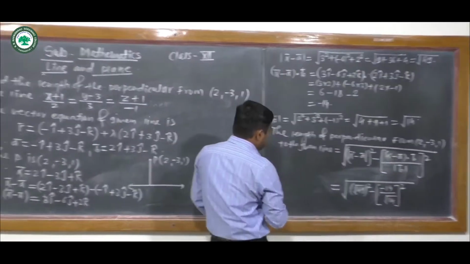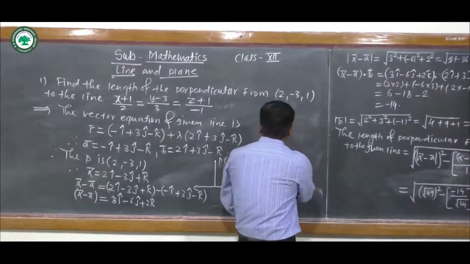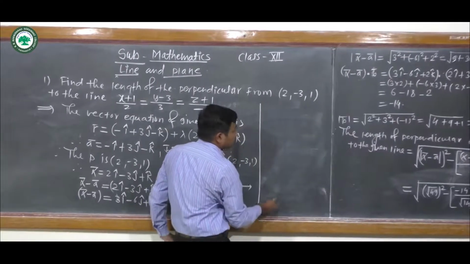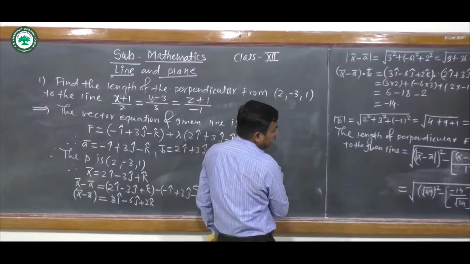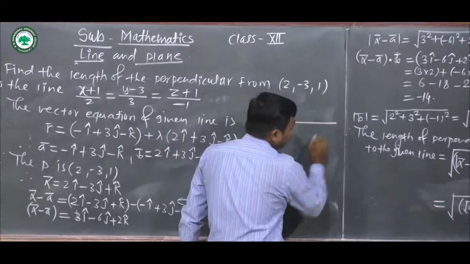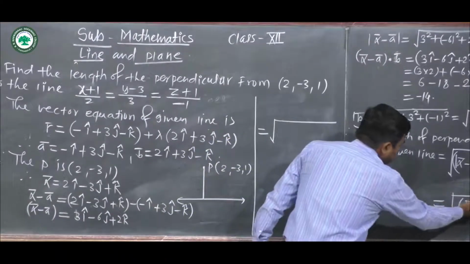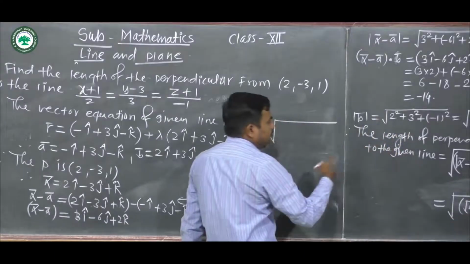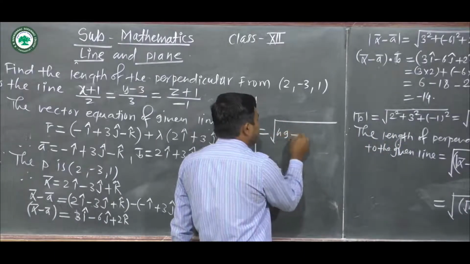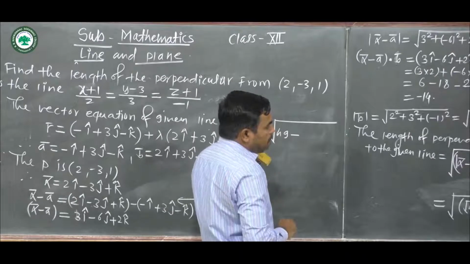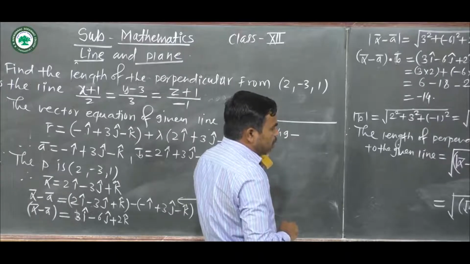So again it is equal to square root of, see, square root of 49 square, that square and square root get cancelled, it is 49 minus 14 divided by square root of 14.